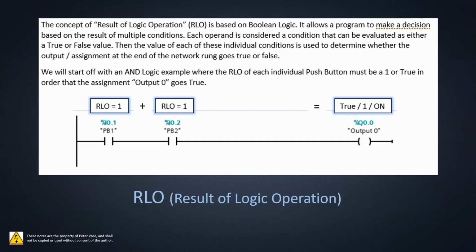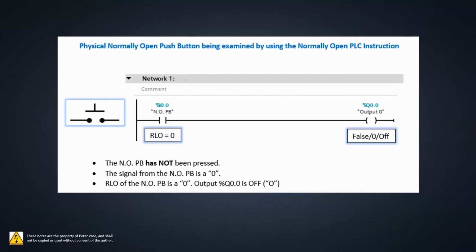Okay, let's take a look at some more examples here. Instead of doing an AND, let's just look at one contact at a time. So this is the push button that I have wired up to this input right here, input 0.0. So I have a physically normally open contact. That push button is a normally open push button out in the field.